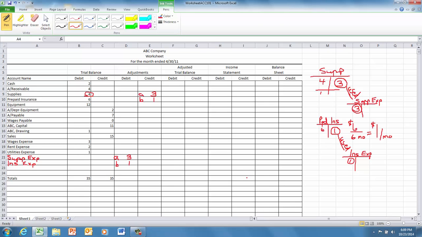Okay, next we're told that depreciation is $1 per month. Okay, so depreciation, I don't really need to calculate it because they're already telling me how much it is. So I just need to know what to debit and what to credit. So when I have depreciation, I'm going to debit depreciation expense. I don't have one, so I'm going to add it down here.